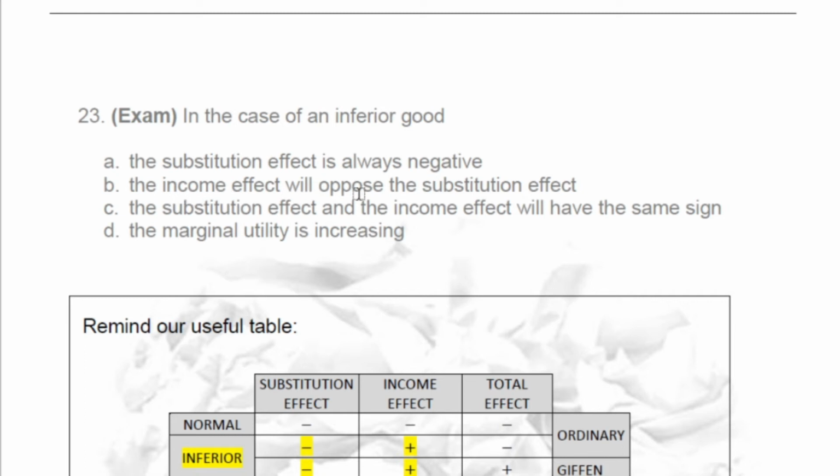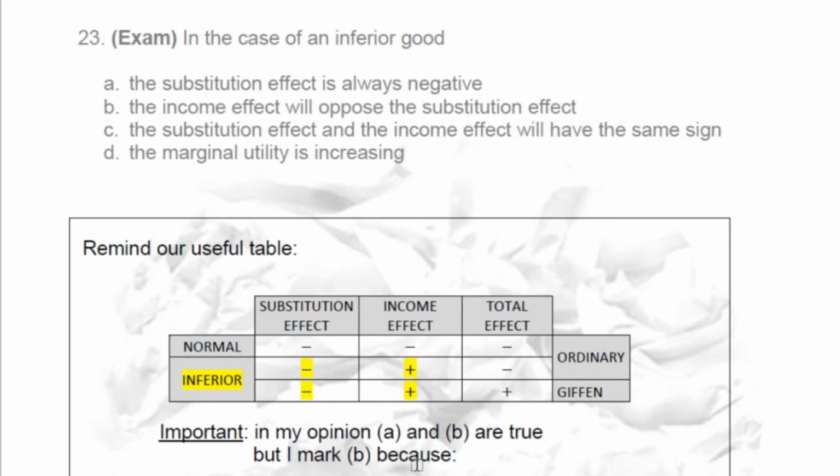The income effect will oppose the substitution effect. Yes, of course. The substitution effect and the income effect will have the same sign. No. The marginal utility is increasing. It doesn't matter. So, in my opinion, the answer here is A and B are correct.